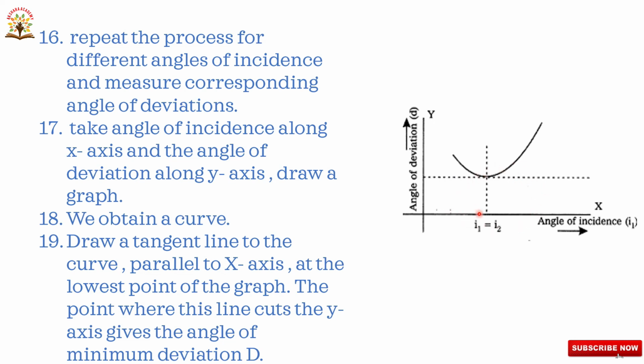Whenever the angle of incidence is equal to the angle of emergence, this small d becomes capital D. This capital D denotes the angle of minimum deviation.